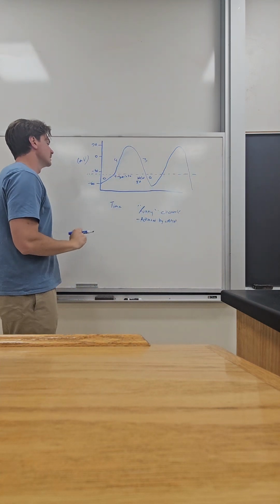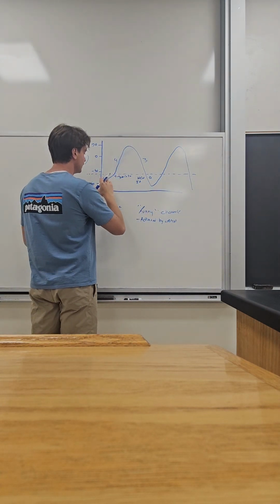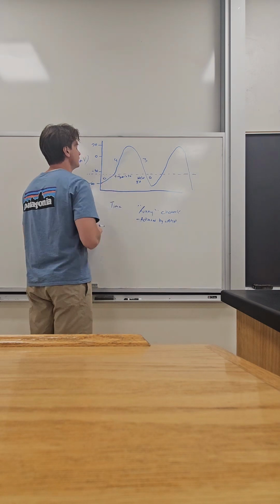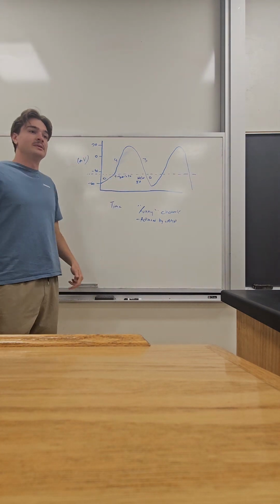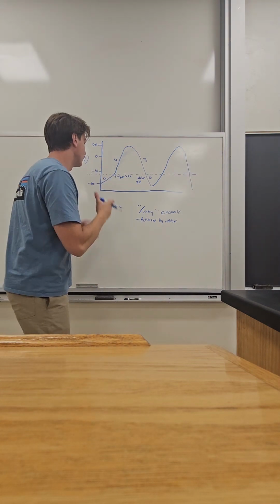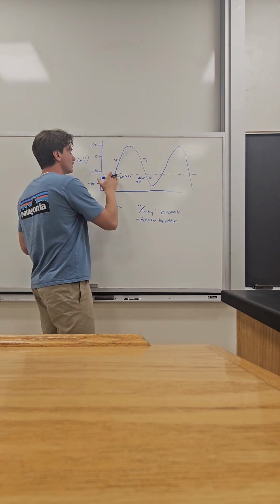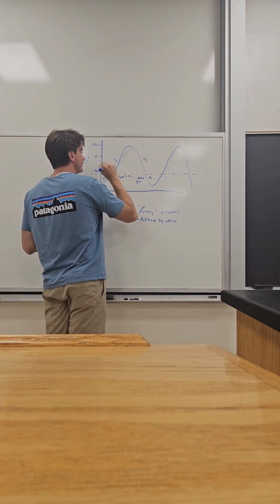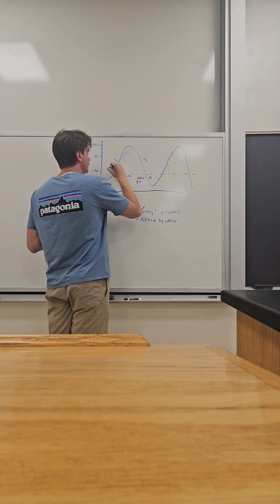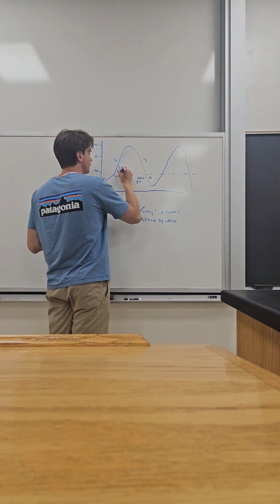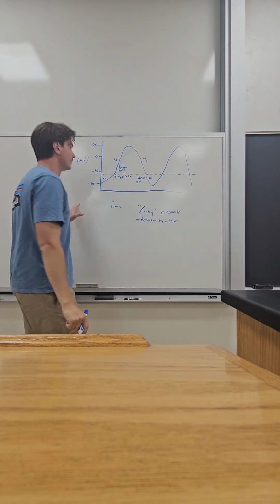As the cell is depolarizing here, T-type calcium channels, meaning transient, quick, will open and calcium will rush into the cell, thus getting it to cross threshold. And as soon as we cross threshold, we activate L-type calcium channels.